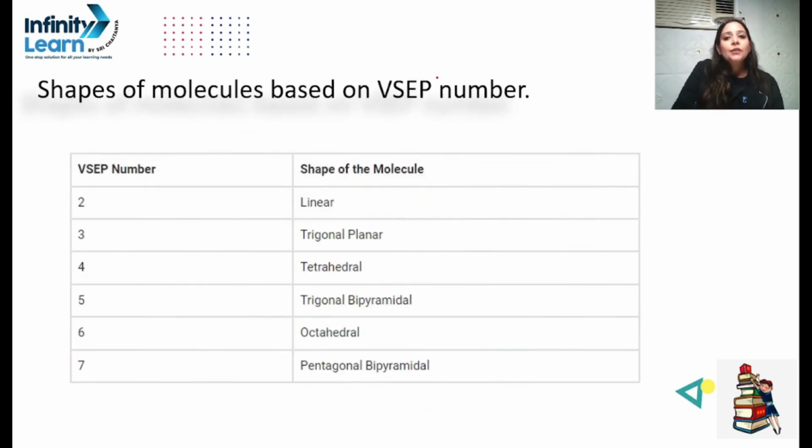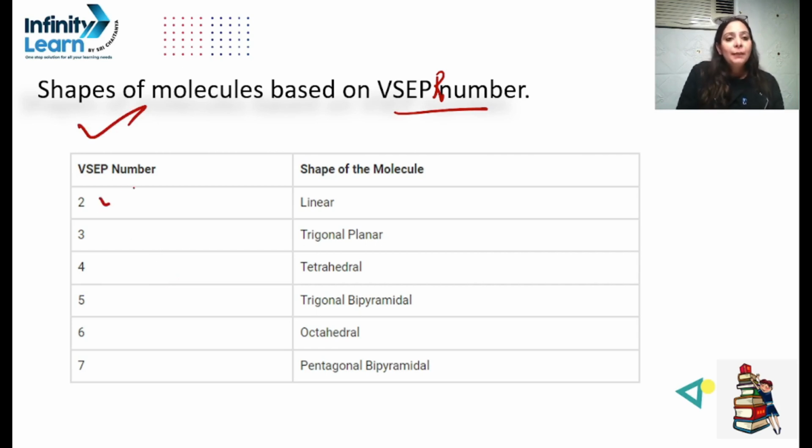Now on the basis of VSEPR theory, we know that any molecule may have only the bond pairs, and if along with it has lone pairs, then the geometry gets distorted. So this chart shows where the molecule has all the bond pairs, right?